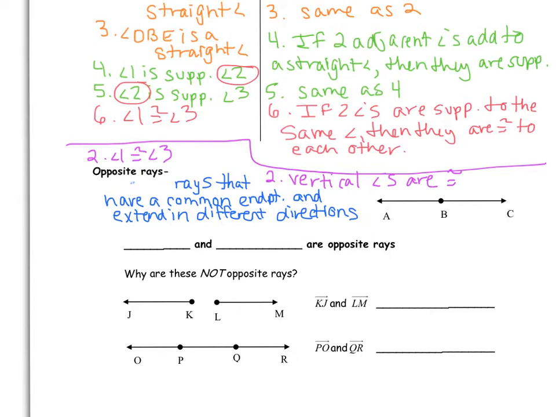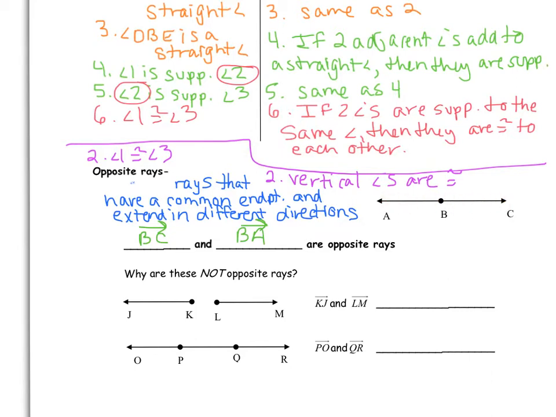So in our picture to the right, we've got ray BC and ray BA that are opposite rays. They have a common endpoint, point B. Ray BC is going to the right, ray BA is going to the left. But yet they're still collinear. They're still part of the same line.